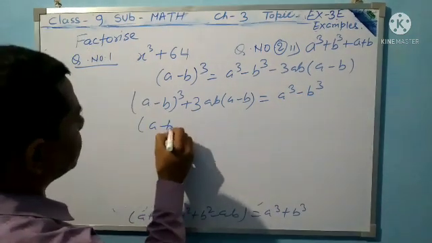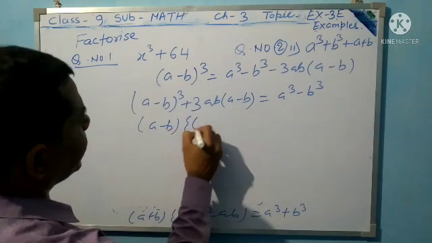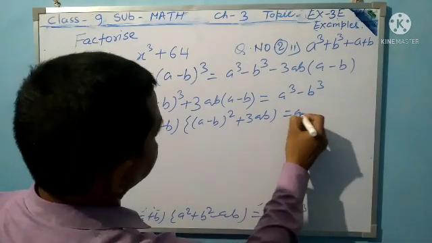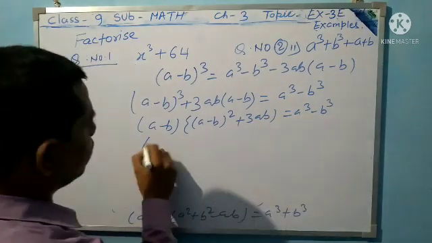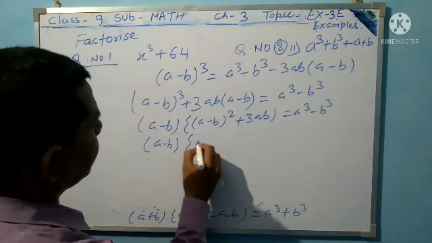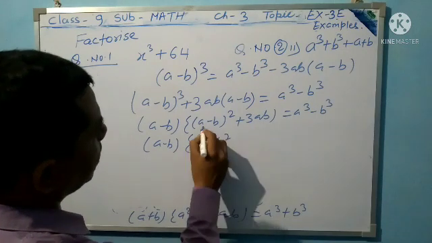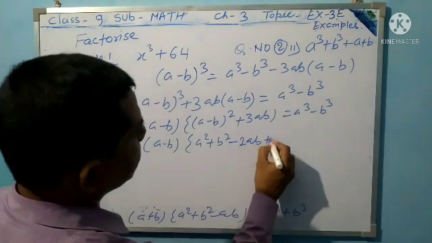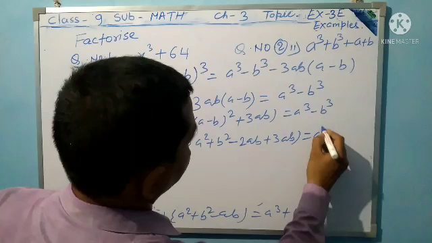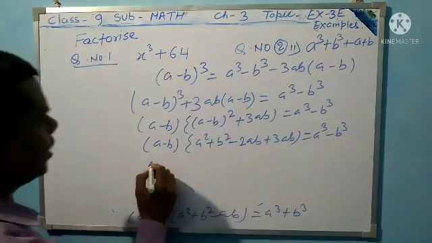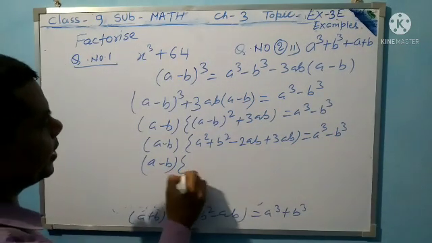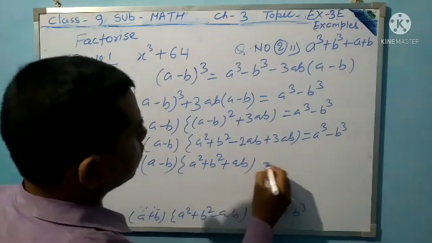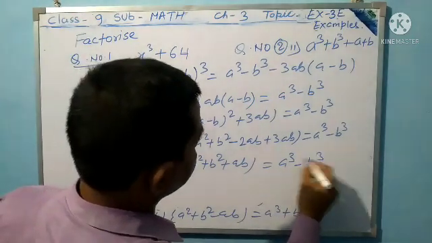So (a minus b) is common, taking it out: (a minus b) times ((a minus b) whole square plus 3ab) is equal to a cube minus b cube. (a minus b) whole square is a square plus b square minus 2ab, plus 3ab. So (a minus b) times (a square plus b square plus ab) is equal to a cube minus b cube.